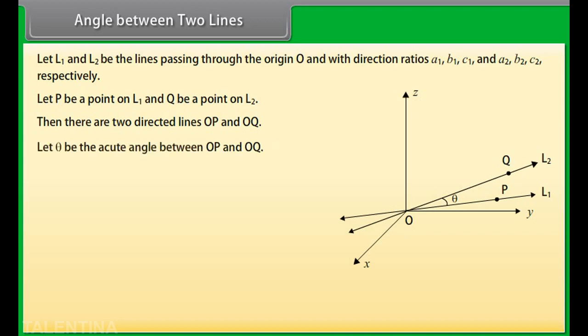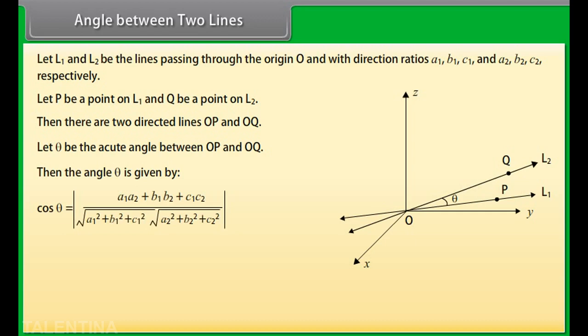Let theta be the acute angle between OP and OQ. Then the angle theta is given by cos theta equals modulus of (a1 a2 plus b1 b2 plus c1 c2) divided by square root of (a1 square plus b1 square plus c1 square) into square root of (a2 square plus b2 square plus c2 square).